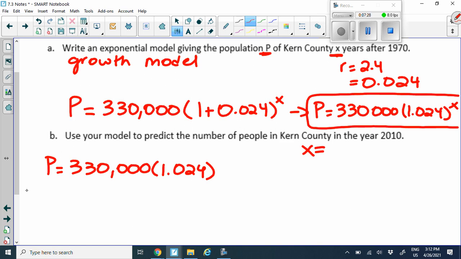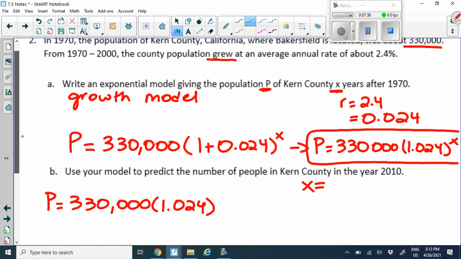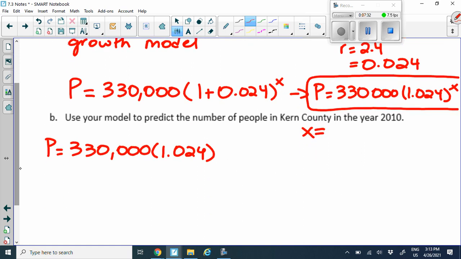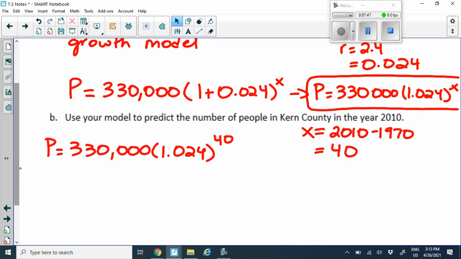So we started in 1970, and now we're going to 2010. I'm going to do 2010 minus 1970, which gives us 40. So I do 40 here. Now, all I have to do is plug this into my calculator, and then I'm good to go.